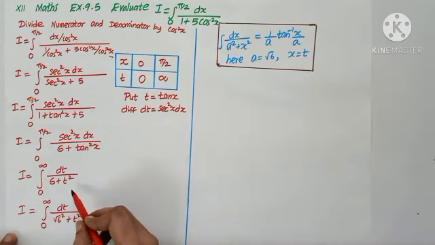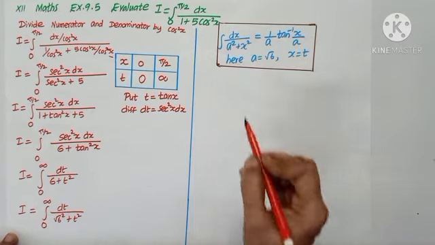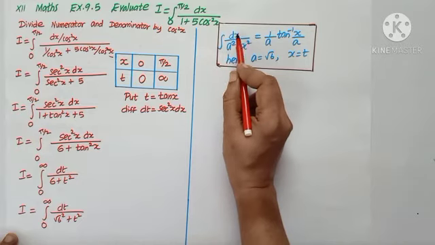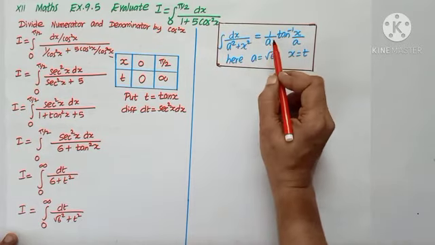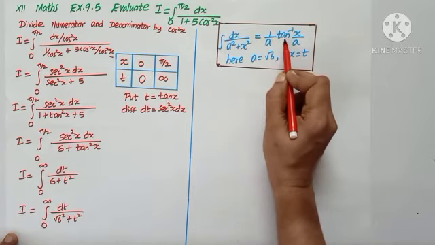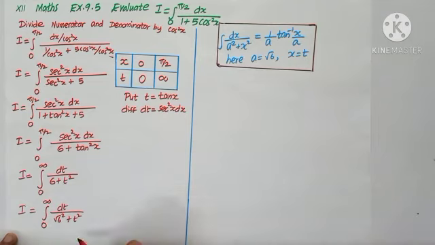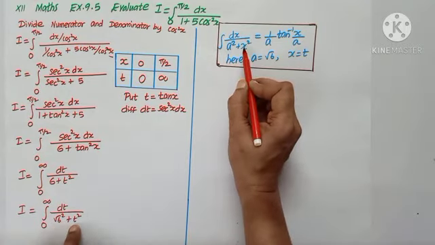Now I recall this format, a square plus x square combination in the denominator. So the integral dx by a square plus x square. Let us recall the formula: 1 by a tan inverse x by a. Comparing the formula with the given question, 6 is written as root 6 square. So a is root 6, x is t.